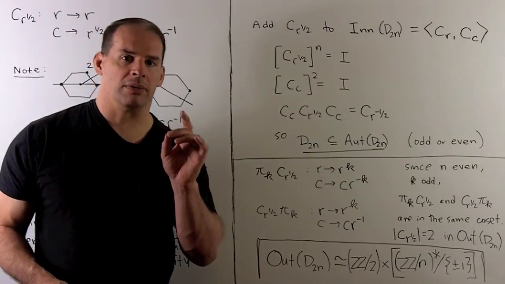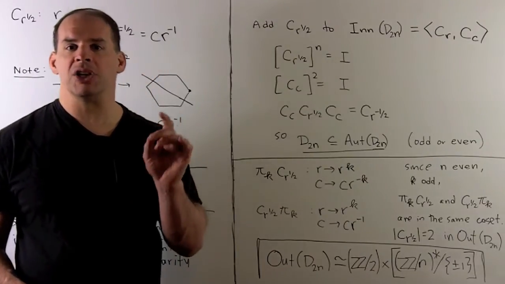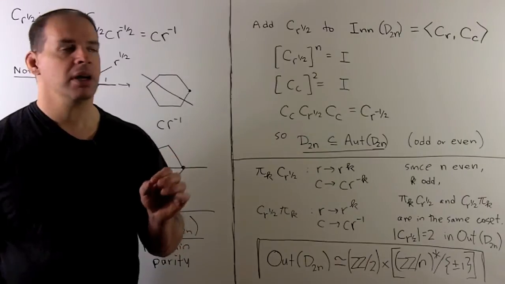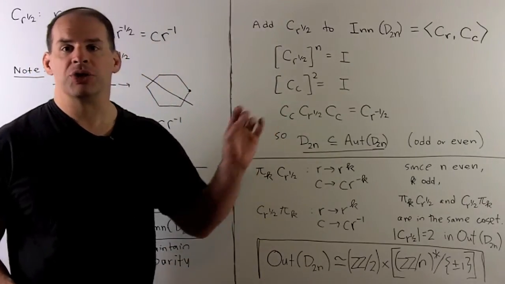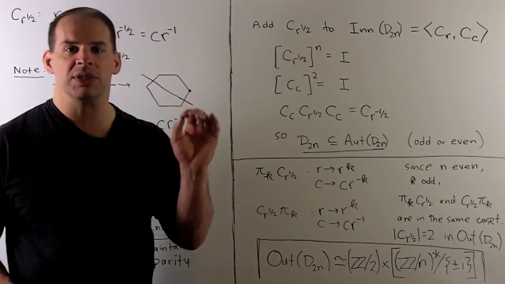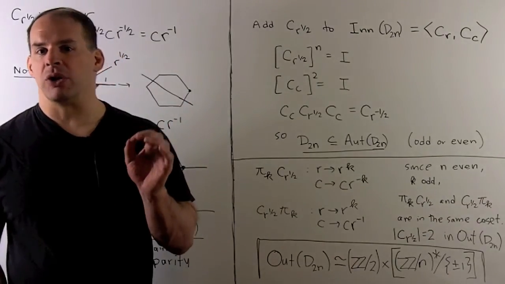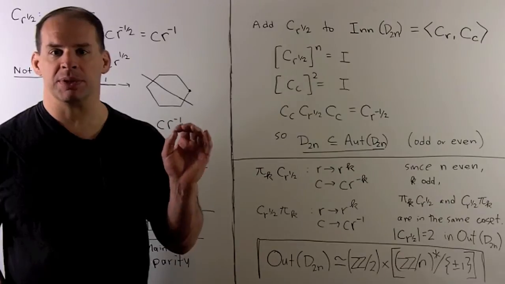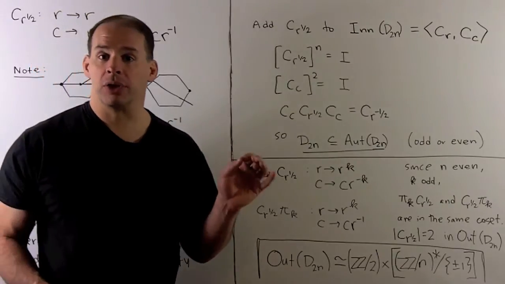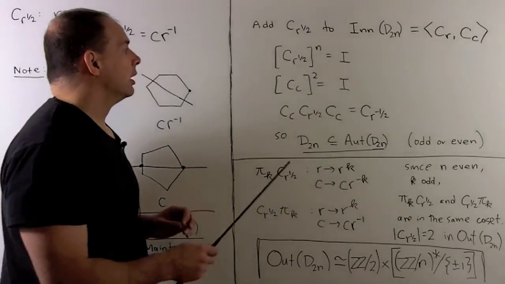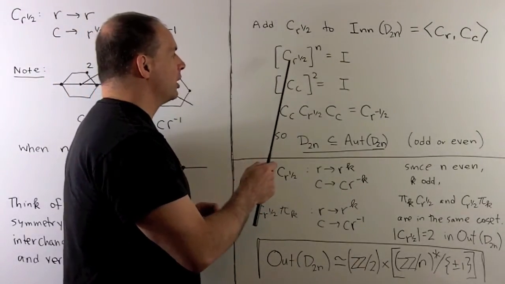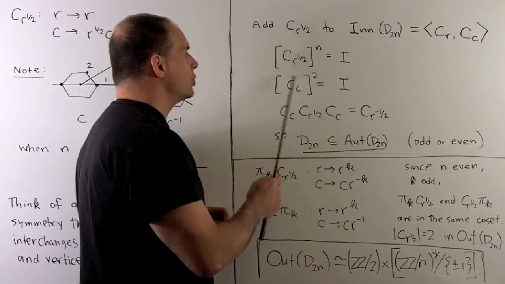Let's compute with the square root of R. First, we'll add conjugation by R to the 1/2 to the inner automorphism group. Now, that group's generated by C sub R and C sub C. So the new group will be generated by C sub R to the 1/2 and C sub C. We expect another dihedral group. So let's check the relations. Take conjugation by R to the 1/2 to powers.